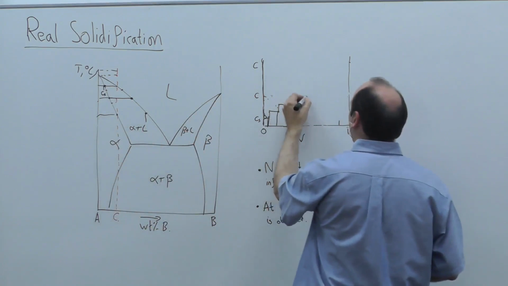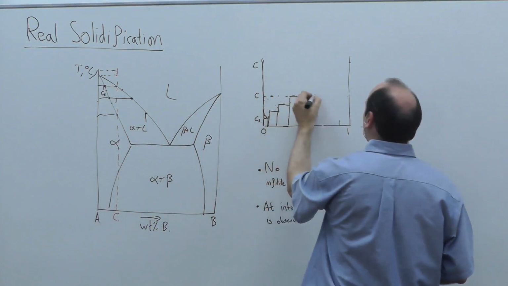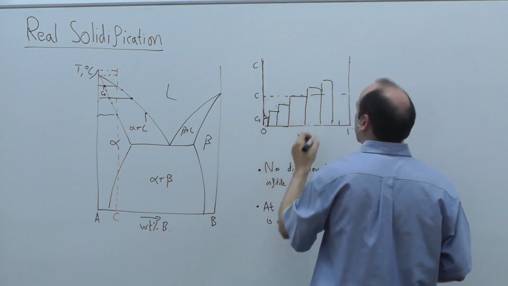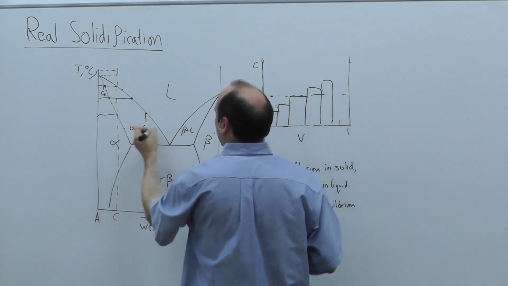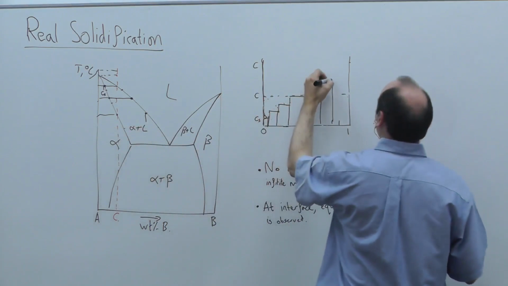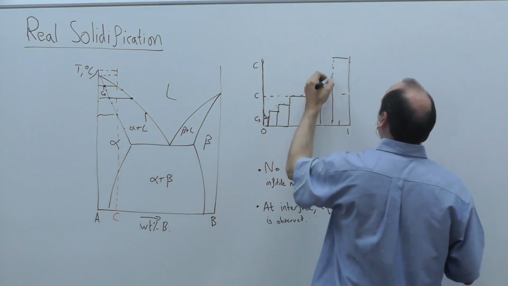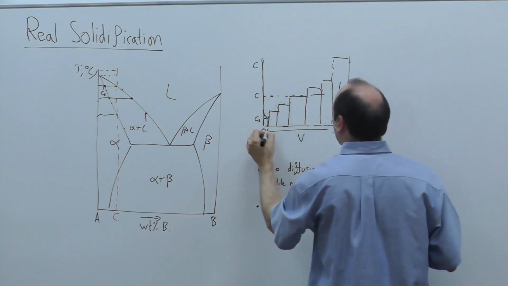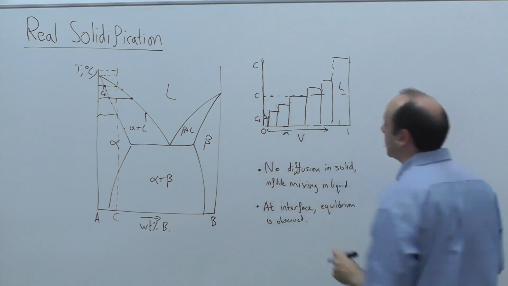So we keep on forming more, so that's the alloy composition, and more rich solid alpha until we're down at this temperature. And the liquid's now very, very enriched. So this is now our liquid here, and all of this is our solid alpha phase.